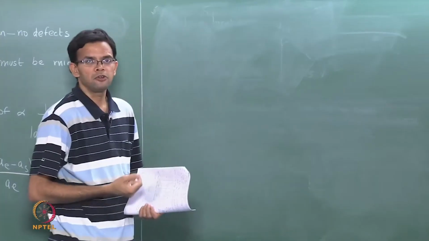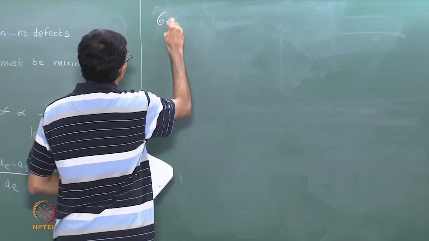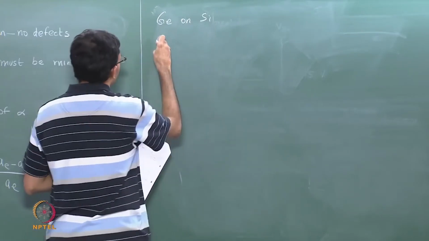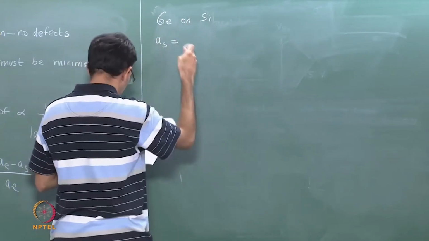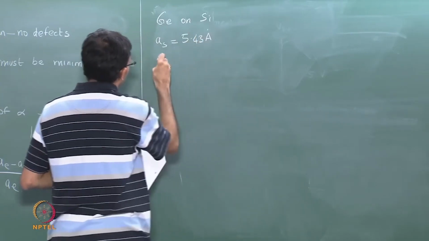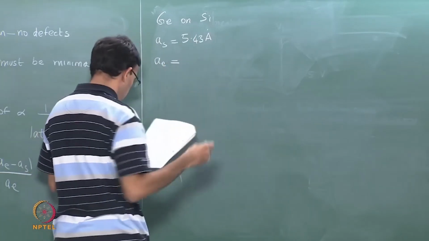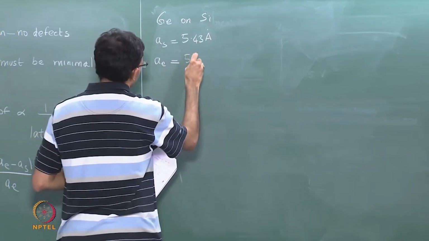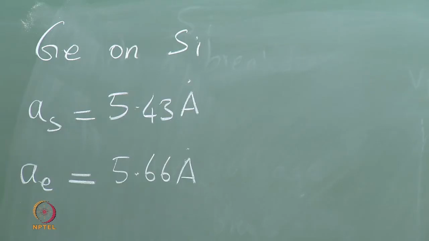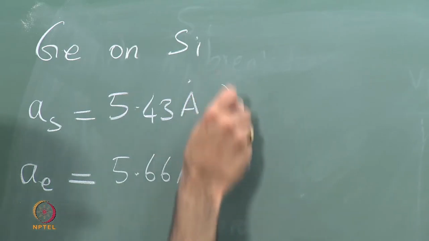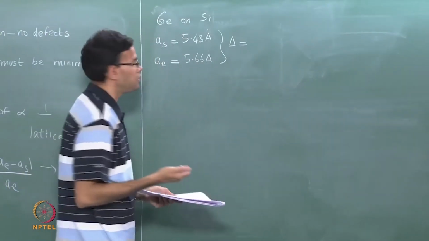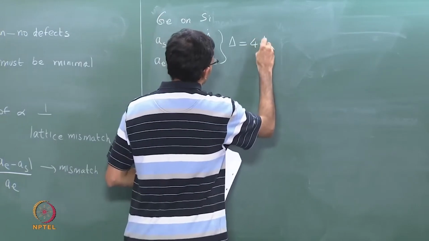So, let us take an example of silicon and germanium. So, let us say I am trying to grow a germanium layer on silicon. The lattice constant for silicon, AS, is 5.43. For germanium, so that is my epitaxial layer, it is 5.66. In this particular case, the mismatch delta, if you try to put it in percentage, is 4%.